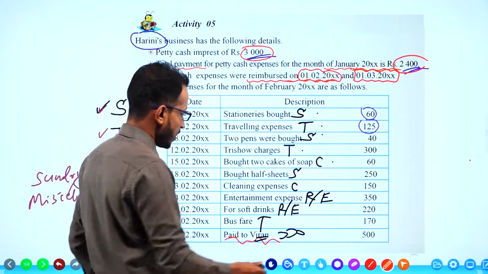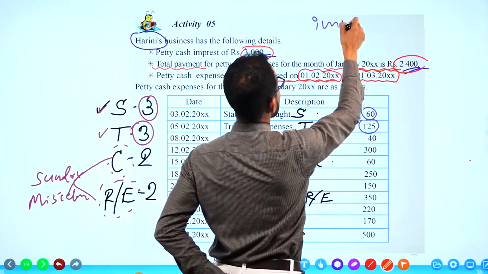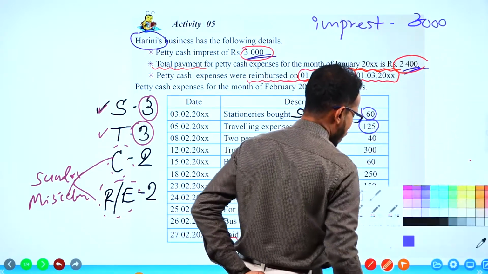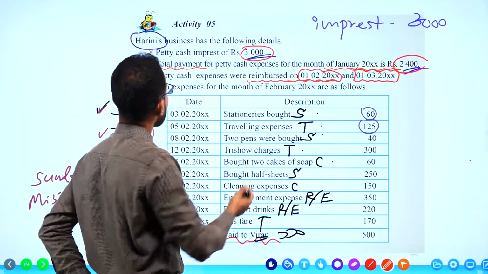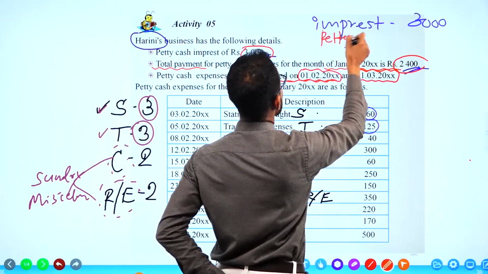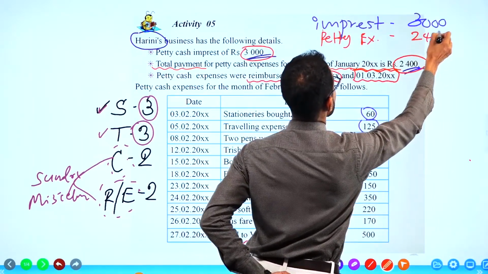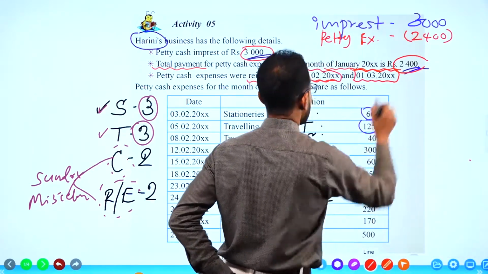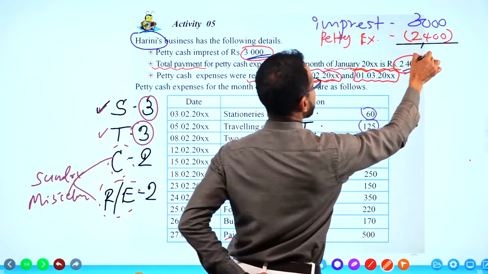That means if the petty cash imprest was 3,000, pay attention, imprest was 3,000 and total petty cash expenses for the month was 2,400. How much is remaining? How much? Only 600, right?